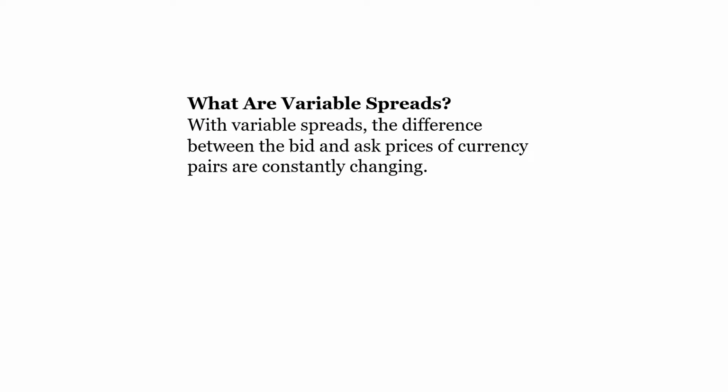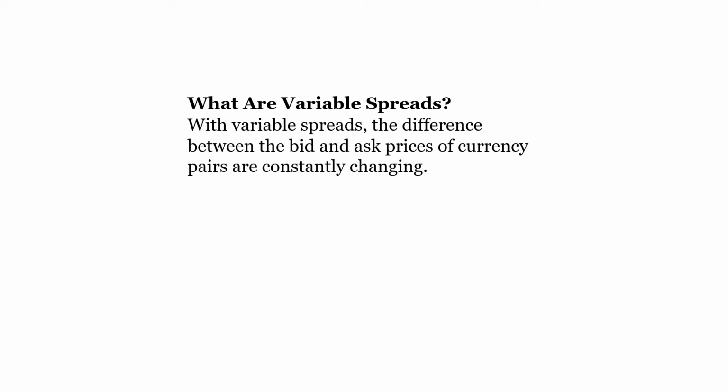What are variable spreads? With variable spreads, the difference between the bid and ask prices of currency pairs is constantly changing. Variable spreads are offered by non-dealing desk brokers. Non-dealing desk brokers get their pricing of currency pairs from multiple liquidity providers and pass on these prices to the trader without the intervention of a dealing desk.